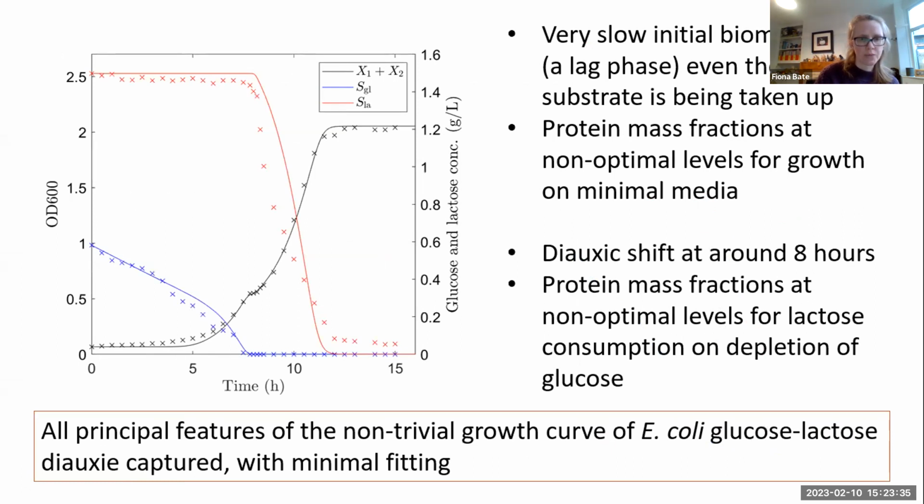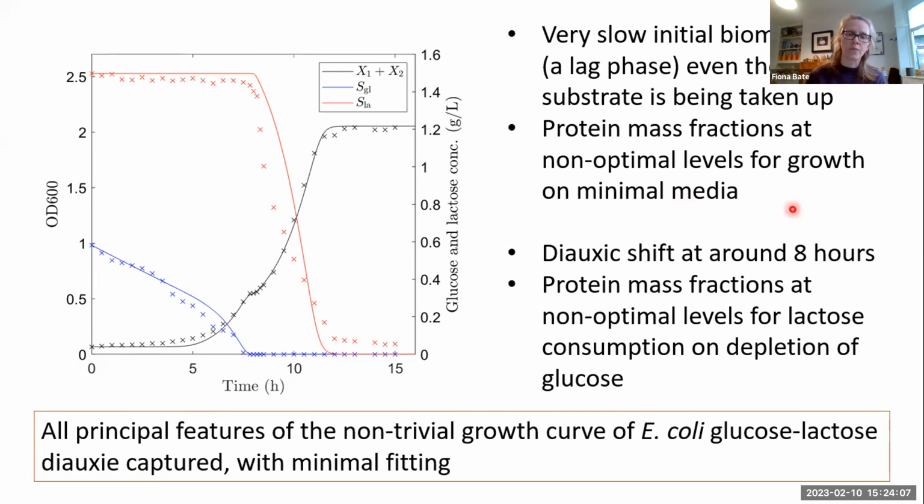So we've managed to capture the very slow initial growth here, even though the substrate's been taken up. And this very slow initial growth is due to the proteins being at non-optimal levels for growth on minimal media. When growing on the rich media, things like amino acids are in the media and can be brought directly into the cell, so they don't need to be produced in the cell.